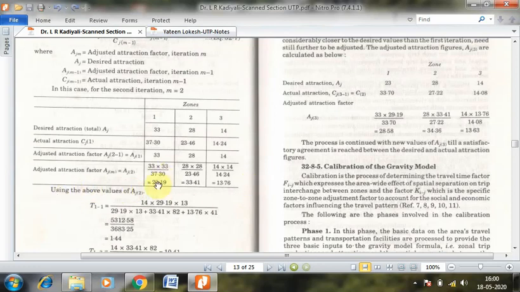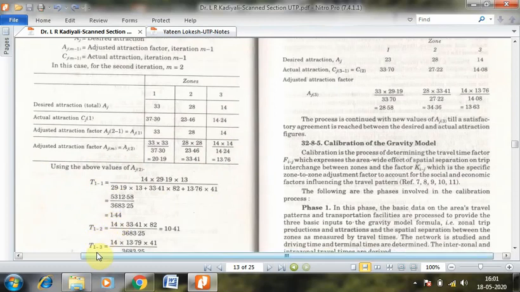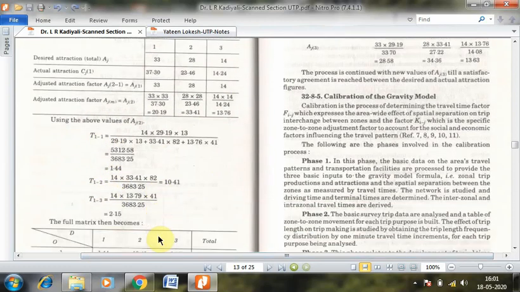Ahead, using these adjusted attraction factors, I'll be recalculating capital T11, capital T12, capital T13, similarly capital T21, 22, 23 and then 31, 32 and 33. I'll explain one of them and then the same thing can be followed for the rest.